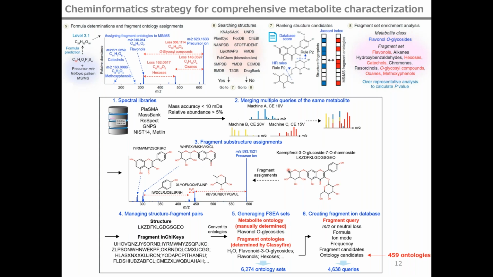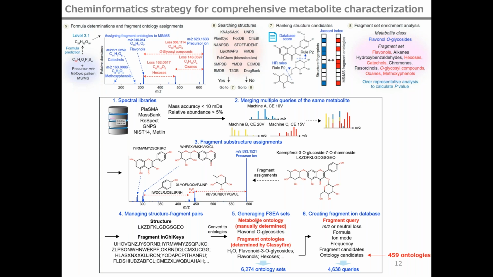Therefore, we tried to convert all of the structure information to ontologies. The fragment ontologies were determined by the ClassyFire program from David Wishart's laboratory, with SMILES code as input, and the metabolite ontology was manually determined by our curation team.